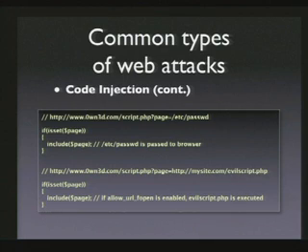In the first example, they set up to include a certain page, and the person manipulates that. Instead of using the page that the developer expected, he says, well, no, I want to get etc/passwd off there. Because there's no checking done, it goes ahead and includes it as text, and then that's displayed back to the browser.